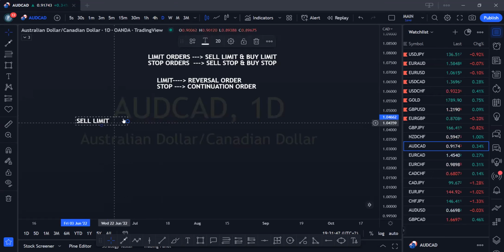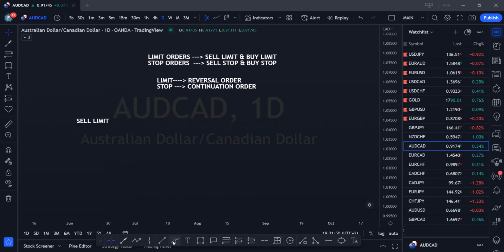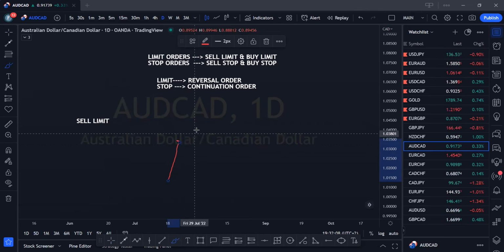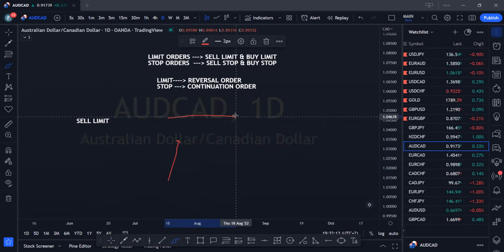So visually, let me use this tool. Let's say price is currently going up. Price is on an uptrend or is just ranging up. And then based on your analysis, you predict that price is going to reverse at a particular price, maybe somewhere at the top. So for a sell limit order, remember, limit means reversal. At this particular price is where you would like to enter for a sell.